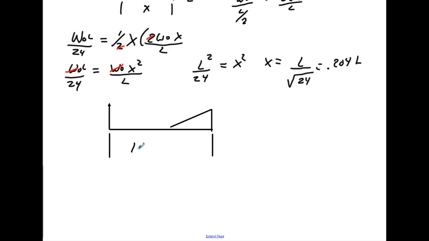So this distance here will be L over 2 plus 0.204 L. When I get that, then this area here will equal this. So that total distance would be... I'm sorry, that'd be L over 2 too. Sorry, confusing the heck out of you. So that would be 1/2, so that would be 0.704 L.